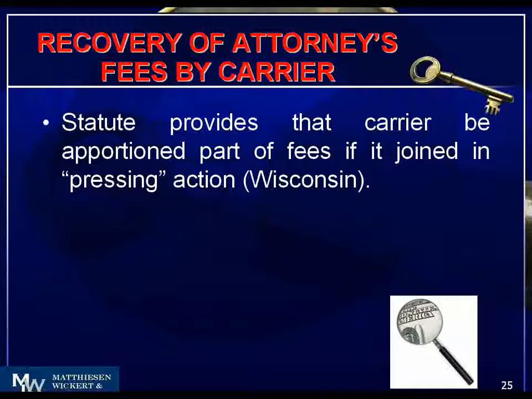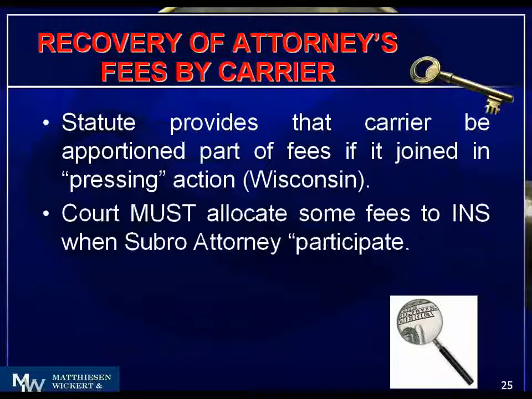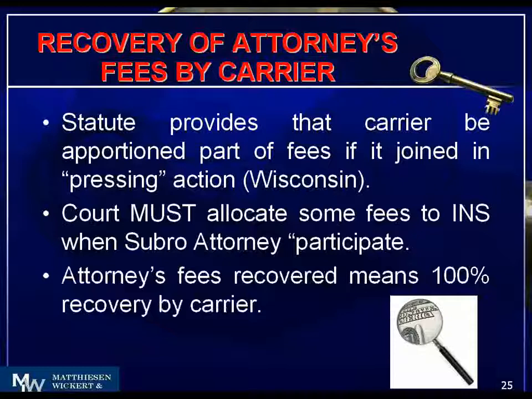He must apportion it if we actively participate. So the court must also allocate some fees to the insurance company when the subrogation attorney participates actively in the case. And attorney's fees recovered means 100% recovery by the carrier, because if you're giving away a 1/3 of your lien, you're not making a full recovery.